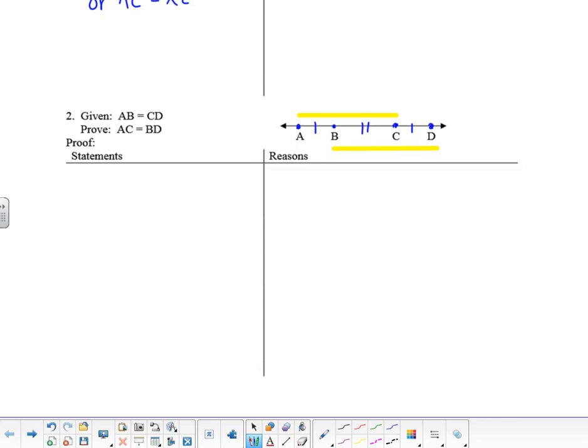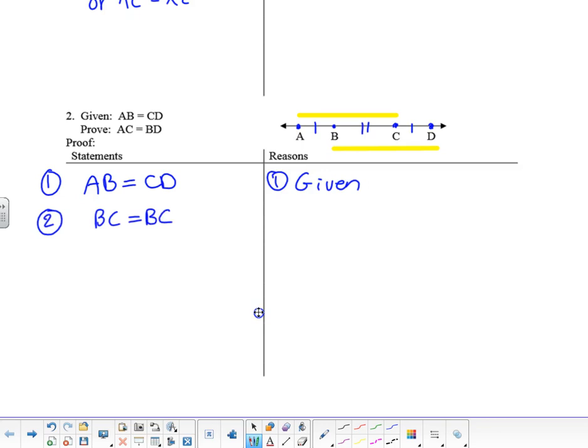So that's one of our freebies that we can get. So we'll go AB equals CD. Okay, that's given. Now in step 2, we need to say that BC equals BC. And the reason for this is the reflexive property.